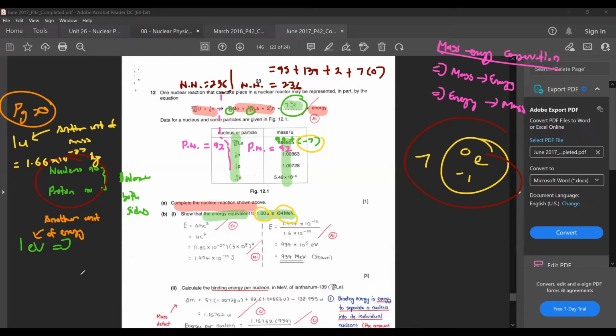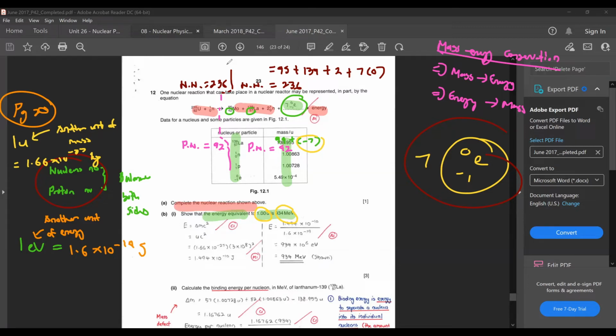So eV is also somewhat similar, just that it's for energy. 1 eV is actually 1.6 times 10 power minus 19 joules. All right, it's just another unit of energy. That's all there is to it.